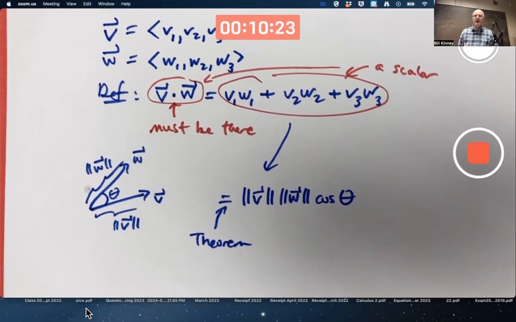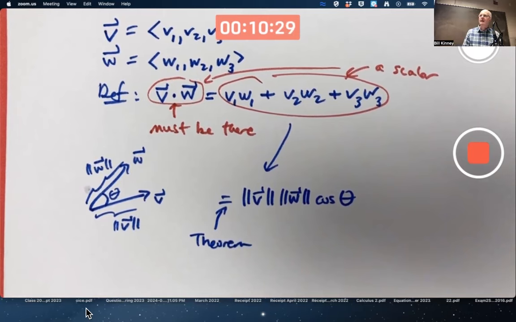I would like to verify this theorem if we have time today. I'm hoping we have time. It's based on the law of cosines from trigonometry, plus some properties of dot products.